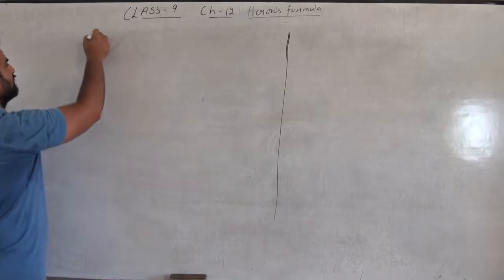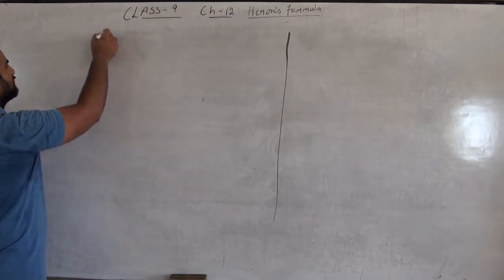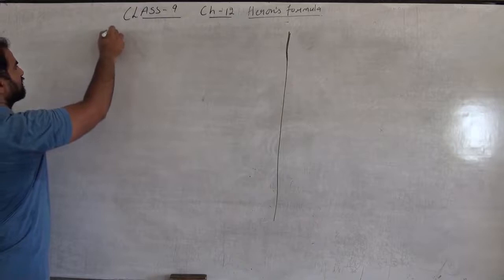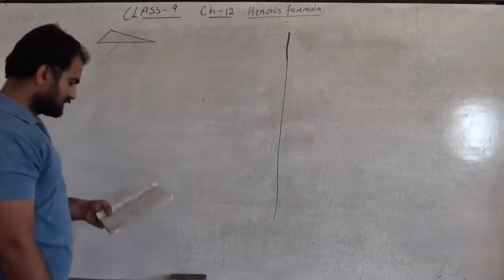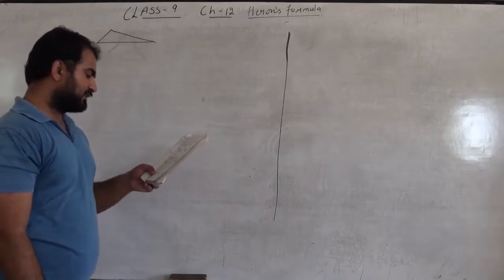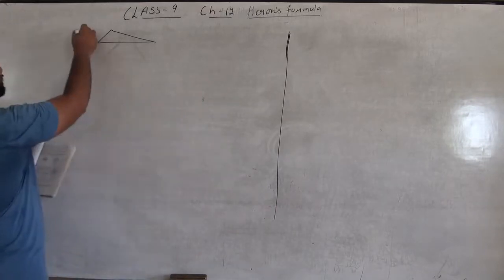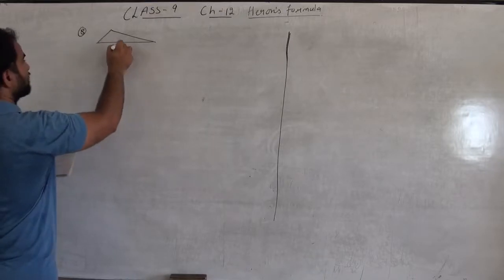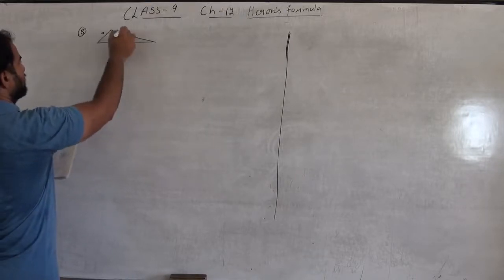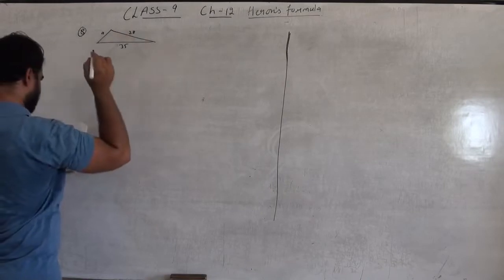So first of all we have to draw a triangle. These type of 16 tiles are there. It is 35, it is 9 and it is 28 centimeter.